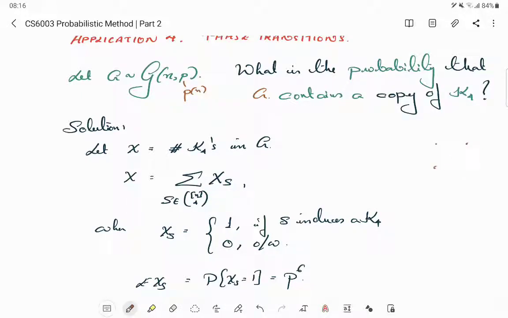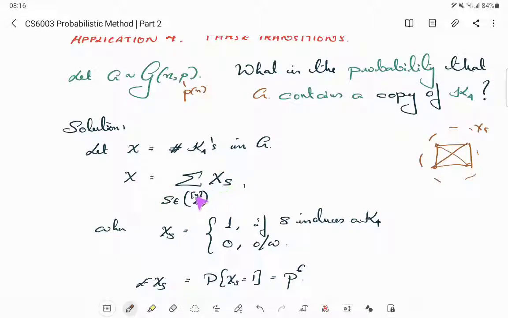This we have done many times. For each set of 4 vertices, your XS will be 1 if this induces a K4, which means all the 6 edges are present, and it will be 0 otherwise.